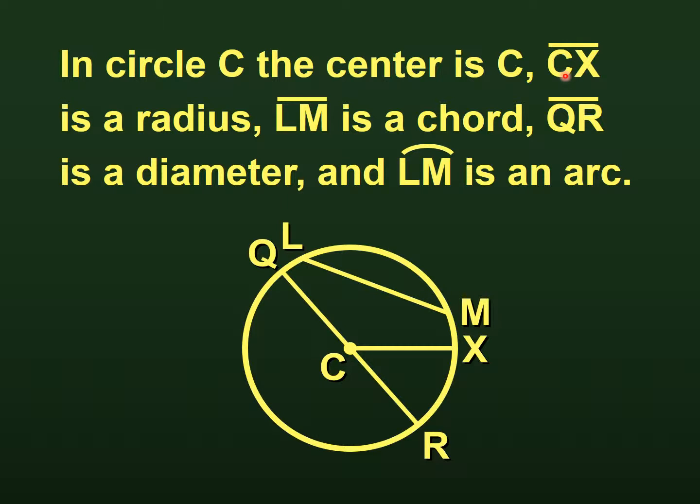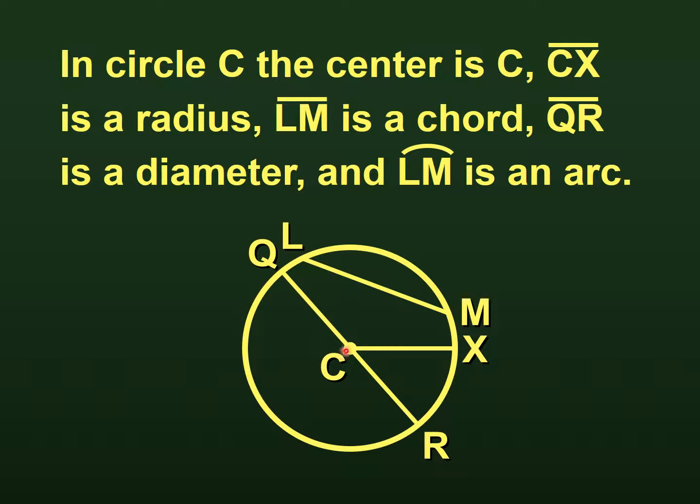And then you have the segment CX as a radius. So here's C and here's X. So the radius goes from the center to a point on the circle. So this is a radius. And so if I say, name a radius of the circle, you can say segment CX. And how do we write a segment? Well, we write the 2 points, and then we draw a line above them with no arrows to say that it's a segment.